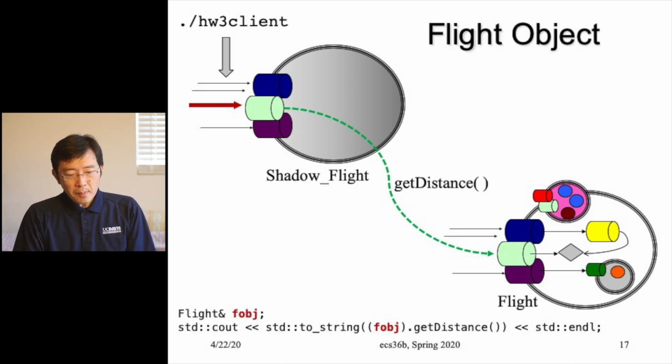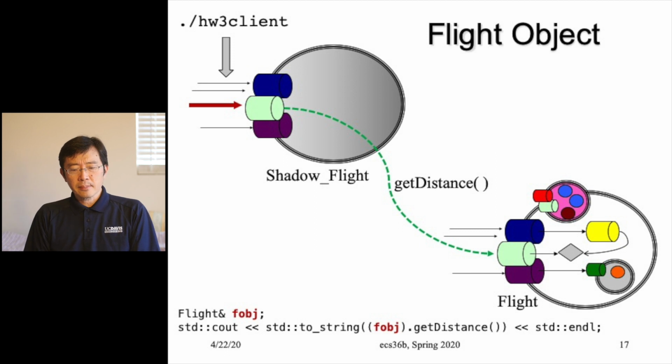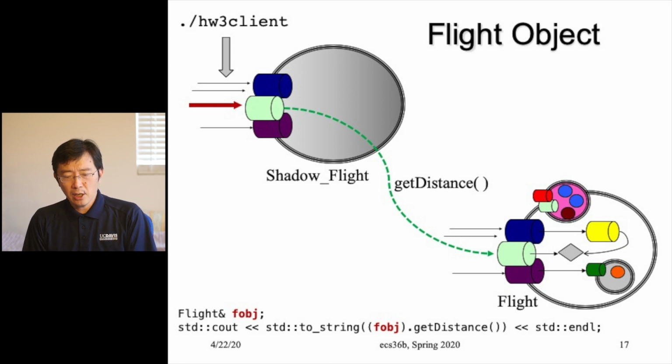Okay, so this is what we already implemented, the fly object, and you probably already have the code. You should try to run it and make sure you understand this picture.